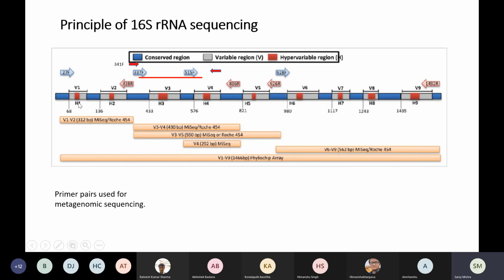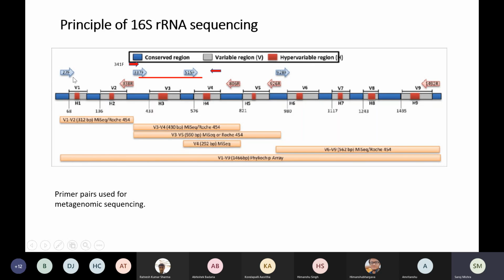The length of this amplicon is going to be 312 base pair. It can also be used for microsequencing, and it is supplied by the company Roche. Roche 454 sequencing can also be done if you use this forward primer.